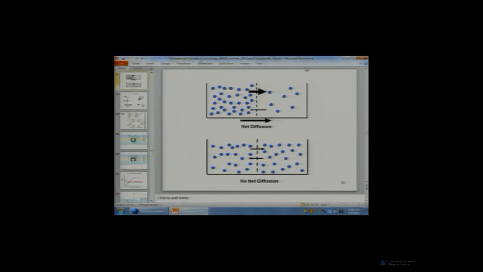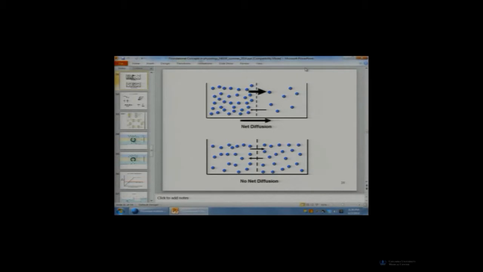So you've got two sides of a container separated by a semi-permeable membrane. Okay? The Brownian motion here is creating a tendency towards movement to the right, and the Brownian motion here is going to create a tendency for movement to the left.